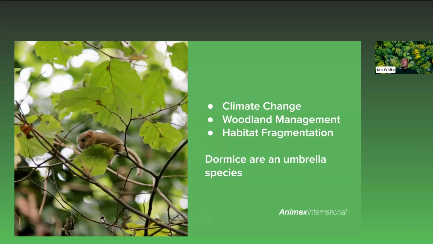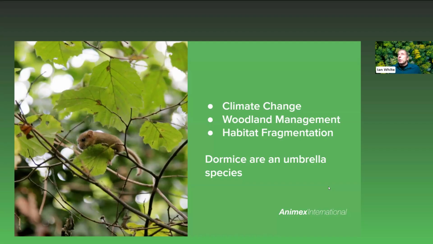So any work we do with dormice, we can consider dormice as an umbrella species. So if we get things right for dormice, we get things right for a broad range of other species as well. And of course, one other thing that is impacting dormice is habitat fragmentation. In the UK, which is a highly populated country with a very dense road network, a very dense rail network, that separates habitats out, certainly for an arboreal animal that needs to use hedgerows and linear woodlands to be able to disperse from the woodlands of their birth into new areas.